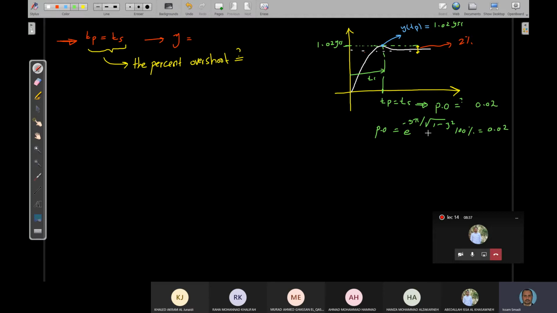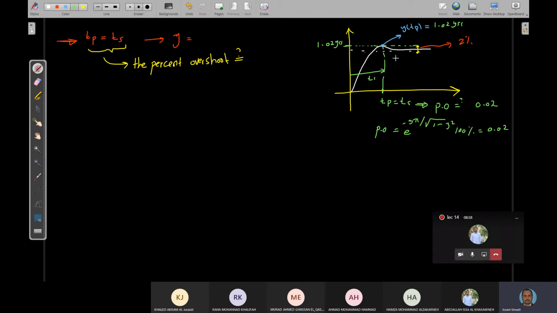So from here, I can calculate zeta. So in this case, if the percent overshoot is 2%, then this means that the peak time is equal to the settling time. Good? It's logical.